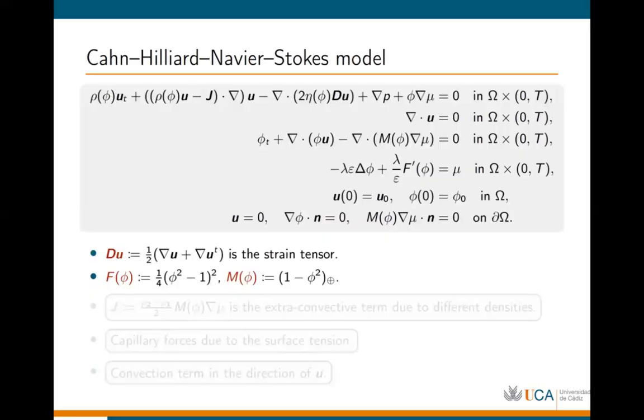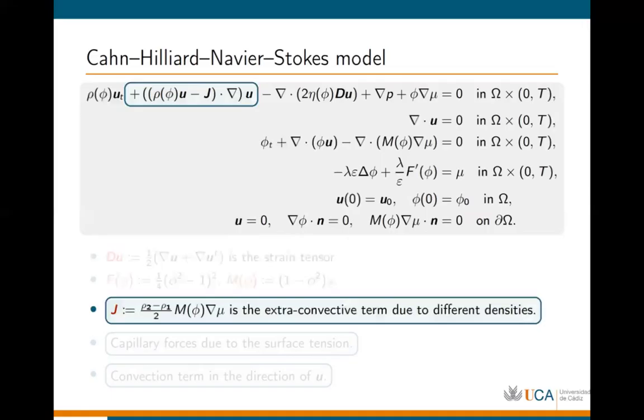And here we have the different terms that appear in this model. We have the strain tensor, the Ginzburg-Landau double well functional, and the mobility, in this case a degenerate mobility function. These are well-known terms in the Cahn-Hilliard and the Navier-Stokes equations. And we have some terms that arise when coupling these two models.